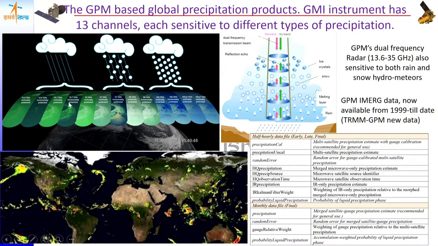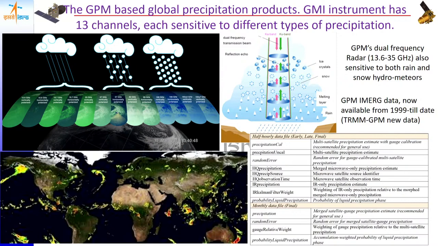And then you have the GPM Microwave Imager working in 13 channels. So higher channels are sensitive to snow, and the lower channels are sensitive to rainfall. This will give you data at 0.1 degree, which is approximately 10 kilometers, and every half an hour. So the TRMM data has been reprocessed, and you get this time series from 1999 till date of satellite-based precipitation.